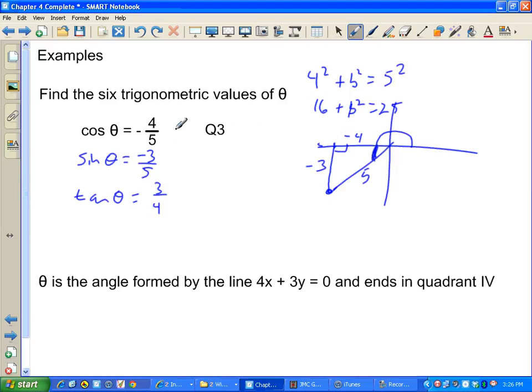Okay, and then I can get all the other ones by reciprocating these. So the secant is going to be -5/4. The cosecant is going to be -5/3, and the cotangent is going to be 4/3.